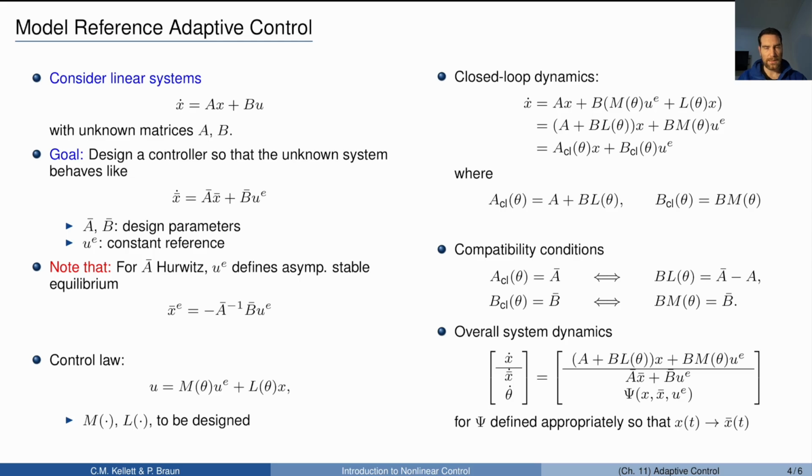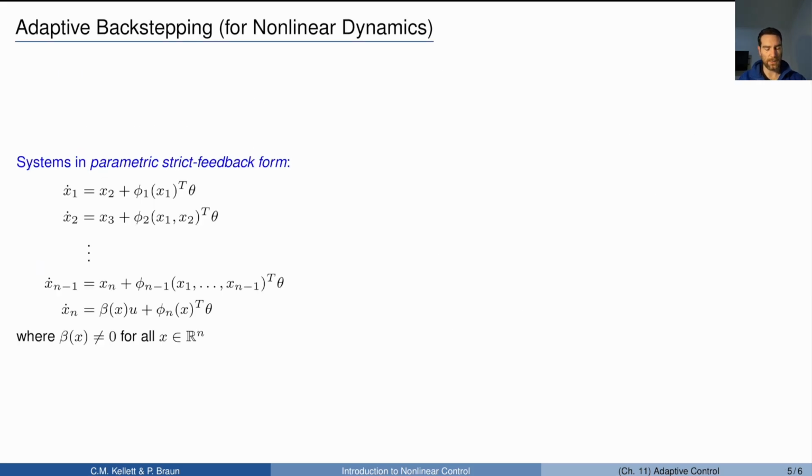For nonlinear systems, one can look at systems in a very specific form, extending the ideas of backstepping. Namely, one can look at systems in parametric strict feedback form, where we have already seen strict feedback form, with x1 dot equal to x2, x2 dot equal to x3, and so on until xn dot, where the input appears.